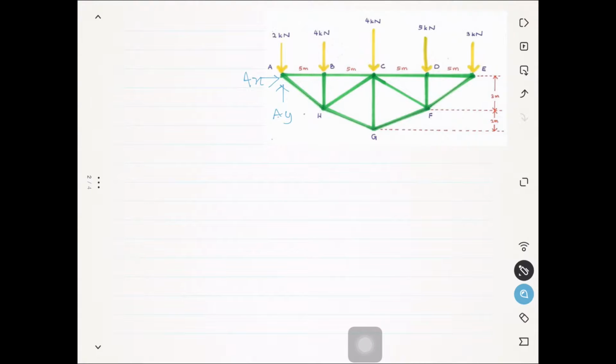Okay, they have two forces because of the pin type. At point E, it is a roller type, so at point E there is only Ey.